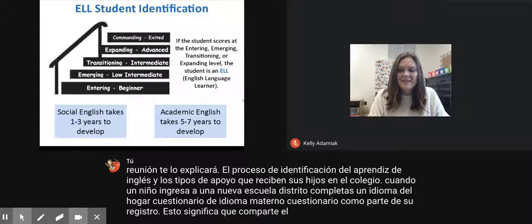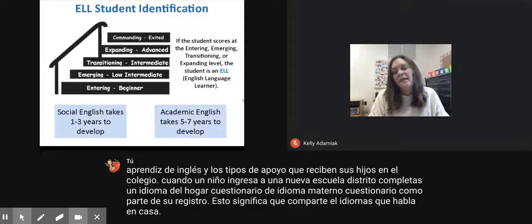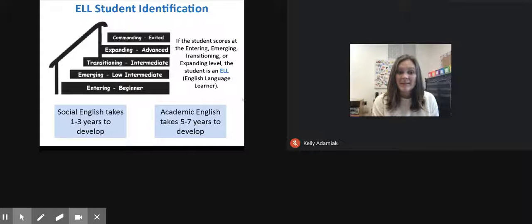If your child is eligible for English language support at school, they may have a proficiency level of entering, emerging, transitioning, expanding, or commanding. These levels help the teachers know how to support your children in the best way possible.